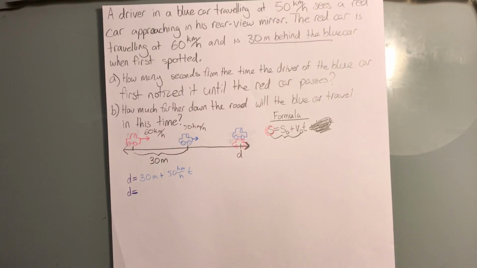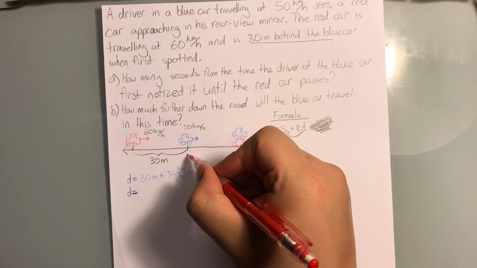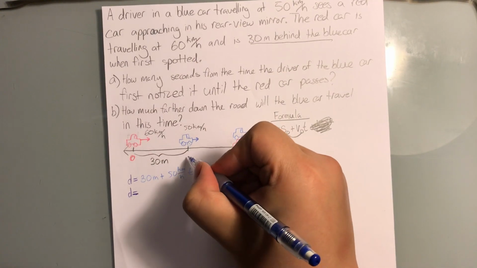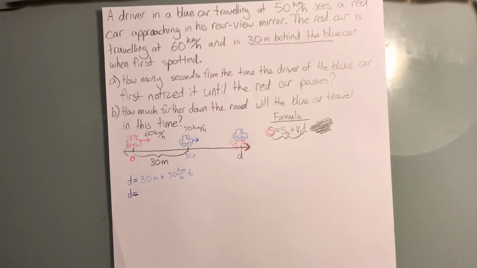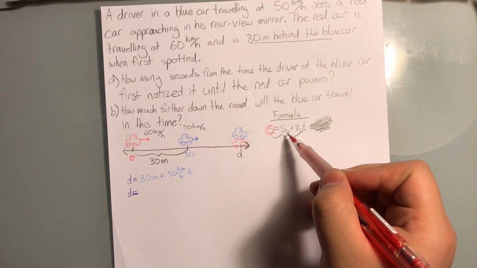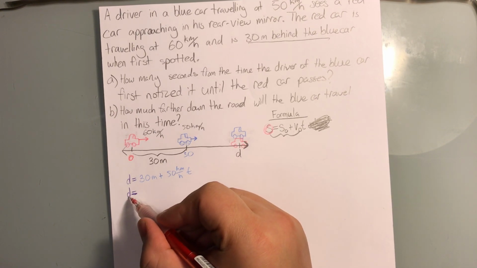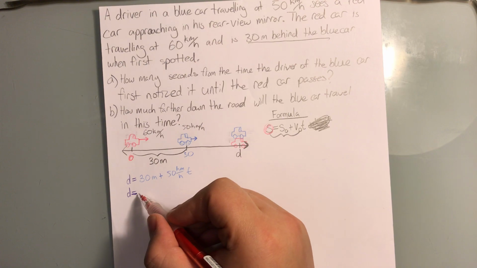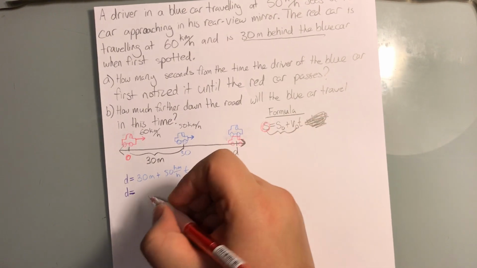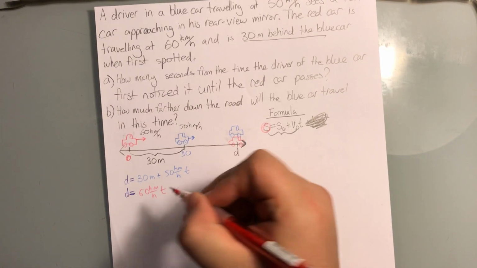And then for the red car, I'm calling this position 0, and I'm calling this position 30. So its initial position is 0, so we don't have anything for initial position. The displacement equation for the red car is just going to be v naught t, and the velocity of the red car is 60 kilometers per hour times time.